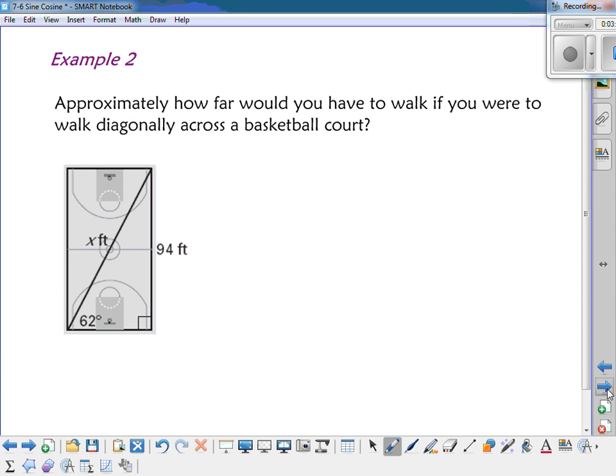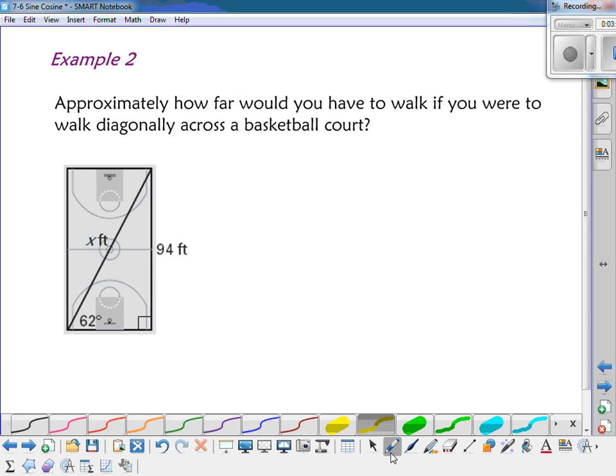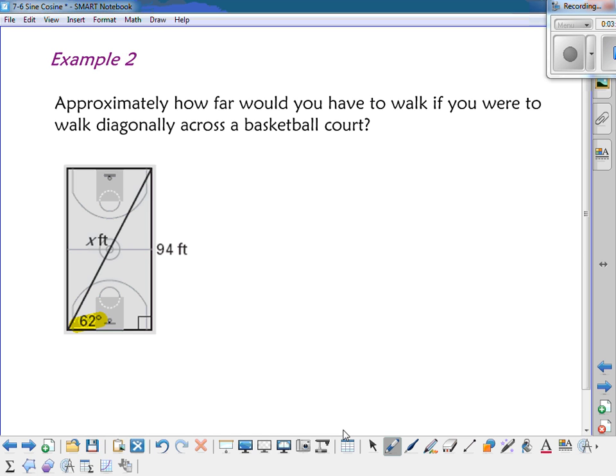Just like we could use the tangent to find missing sides, we can also use the sine to find missing sides. It just depends on which sides I have to work with. Example 2 says, approximately how far would you walk if you were to walk diagonally across the basketball court? They told you that the angle is 62 degrees, the length is 94, and you're trying to find the diagonal length.